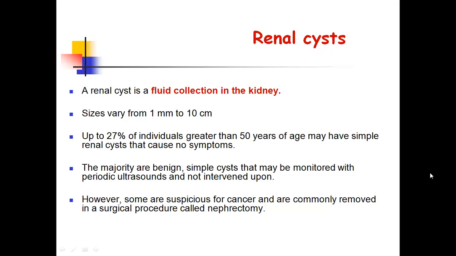Renal cysts, another very common pathology of the urinary system. A renal cyst means a collection of fluid in the kidney. Sizes of these cavities filled with fluid vary from 1 millimeter to 10 centimeters. Up to one third of individuals older than 50 years may have simple renal cysts that cause no symptoms.